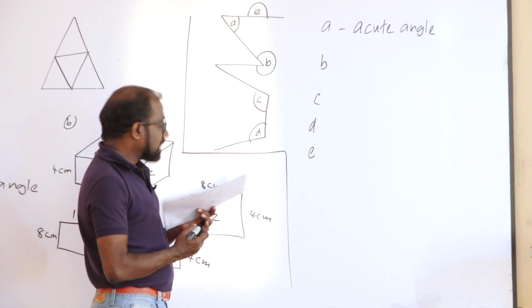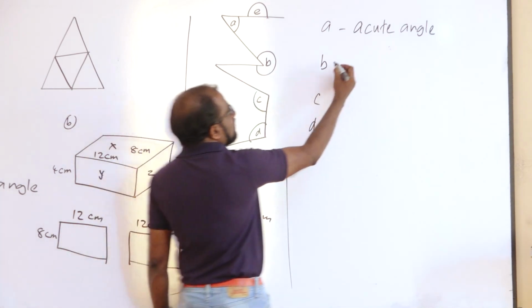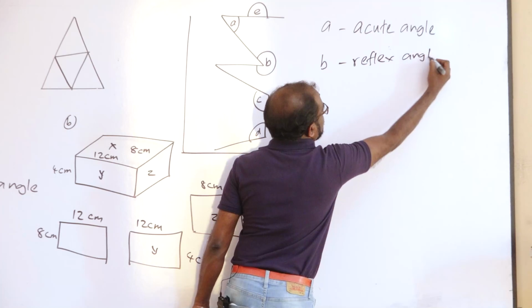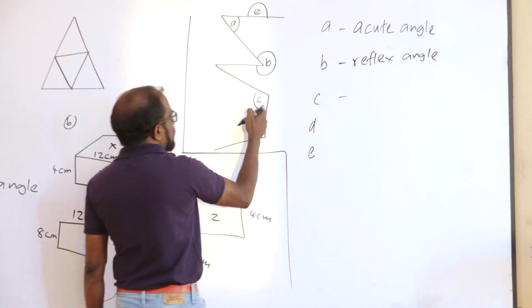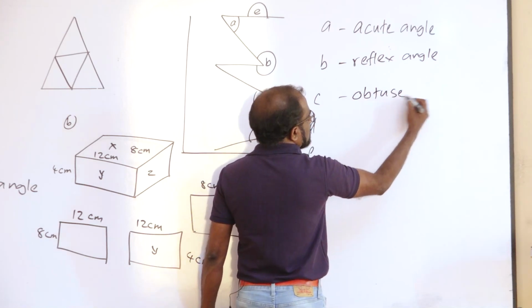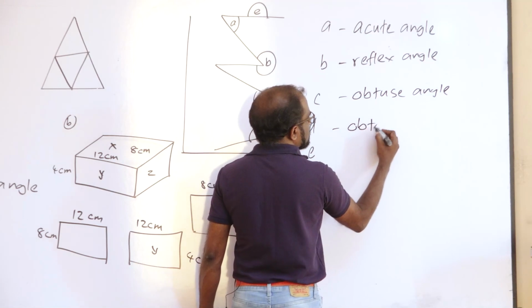Then type B. What is the type of this angle? This is a reflex angle. Then C. This one is an obtuse angle. Both C and D are obtuse angles.